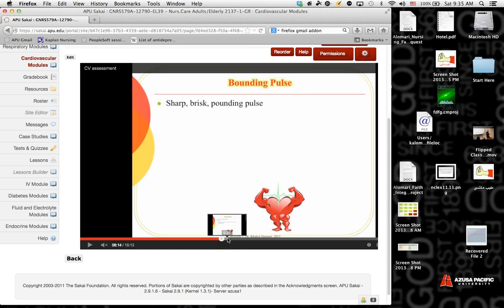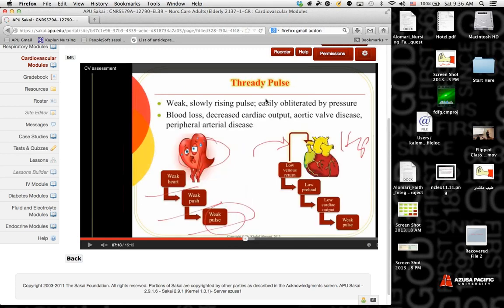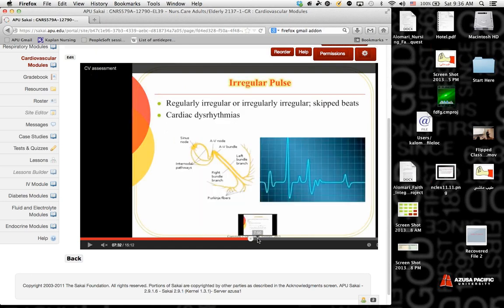And again, you need to simply understand the relationship between the strength of the pulse that you feel and the strength of the ventricles. So if it's a bounding pulse, it has to do either with overwork of the ventricles or too much blood, hyper or overhydration. And then the opposite will be a weak, thready pulse, either the ventricles are weak or there's dehydration, especially if it's fast.